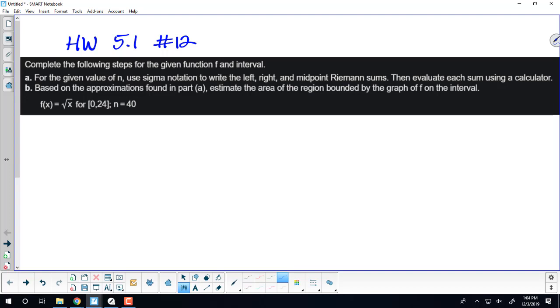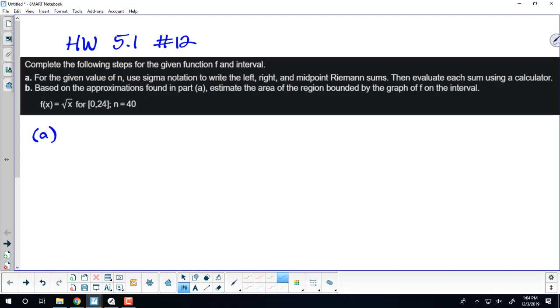So we have to, for the given value of n equals 40, use sigma notation to write the left, right, and midpoint Riemann sums, then evaluate each using a summation calculator. And then based on the approximations found in part A, estimate the area of the region.